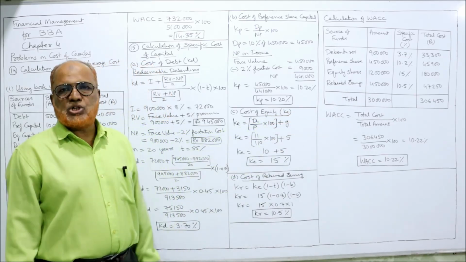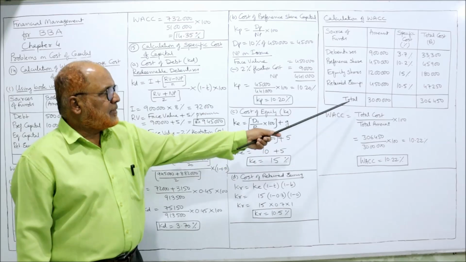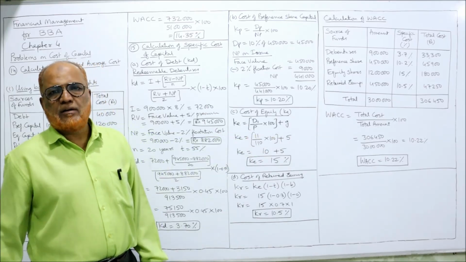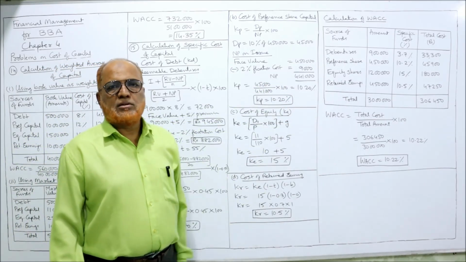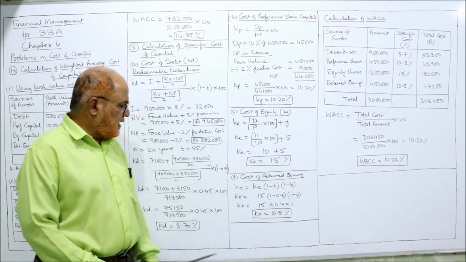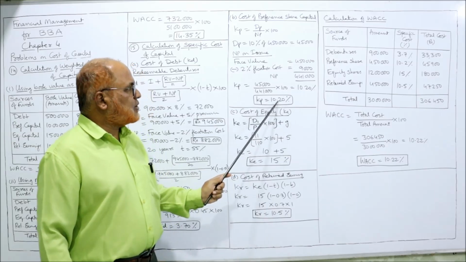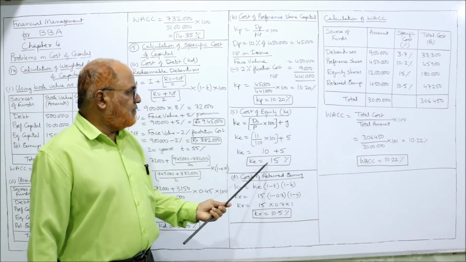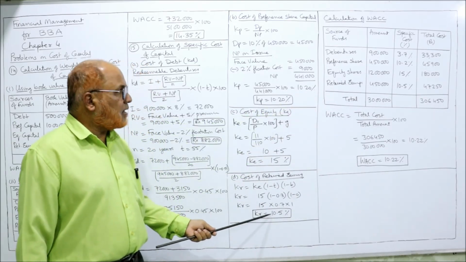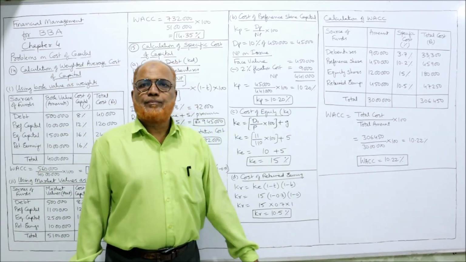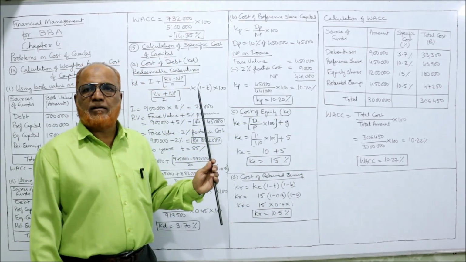That is given in the balance sheet. Take the total, 30 lakh is the total fund. And the specific costs we just calculated are KD 3.7%, KP 10.2%, KE 15%, and KR 10.5%. They are not given in the problem, we have calculated them.